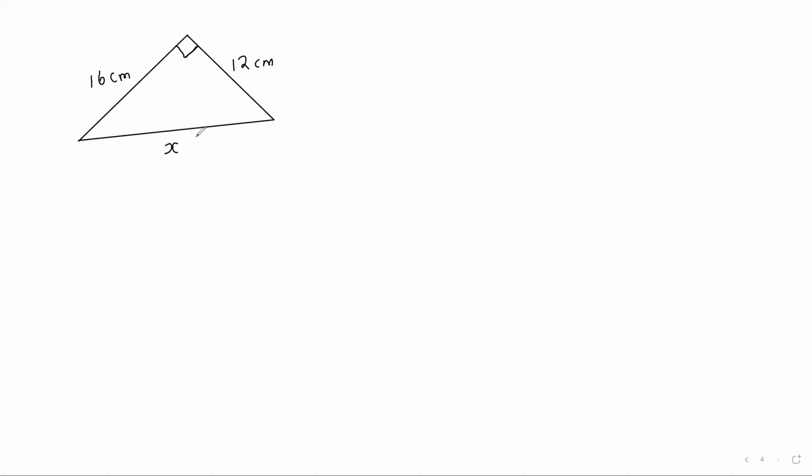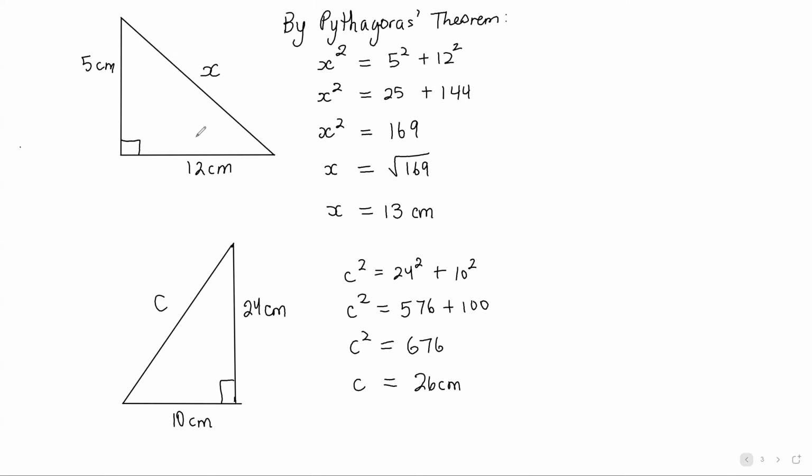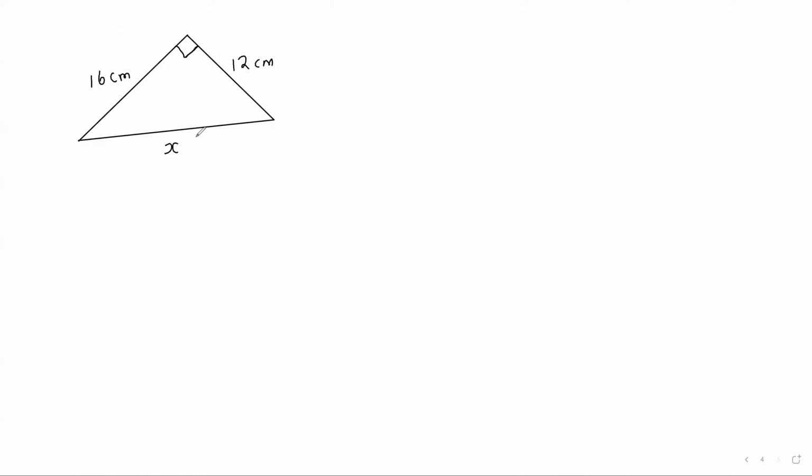Safira, let's do this one. Do you want to see how to write it from before, or do you remember? I remember. Okay, cool. So what's the first line? The first one will be x squared equals 16 squared plus 12 squared. Beautiful.